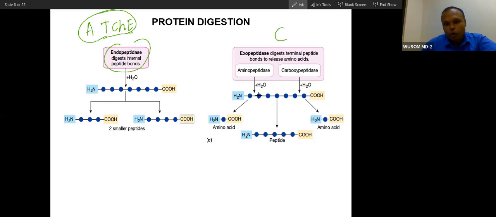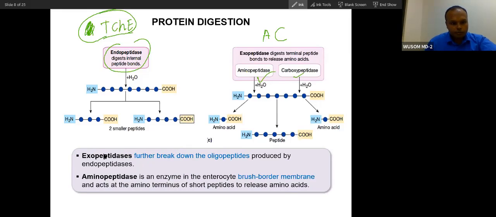Last C, carboxypeptidase. Sorry, this A is not there, so I missed this. But ACE is there. So TAC is your endopeptidase, and A and C, aminopeptidase and carboxypeptidase, are exopeptidase. So remember these two examples of exopeptidase. Amino because it acts from the amino terminal, carboxy because it acts from the carboxy terminal. You can understand this easily.